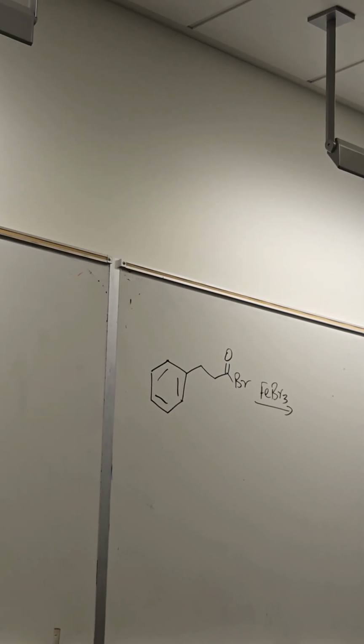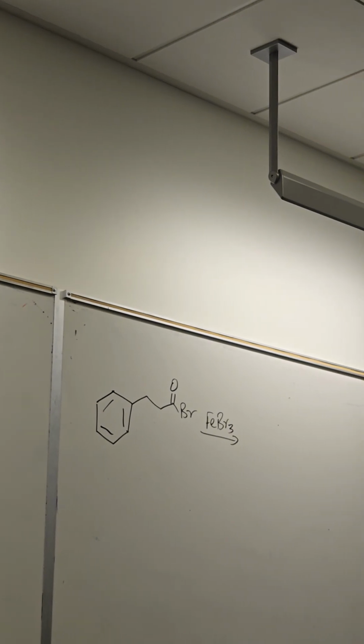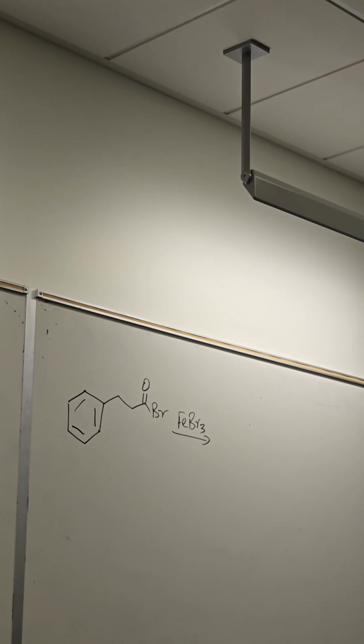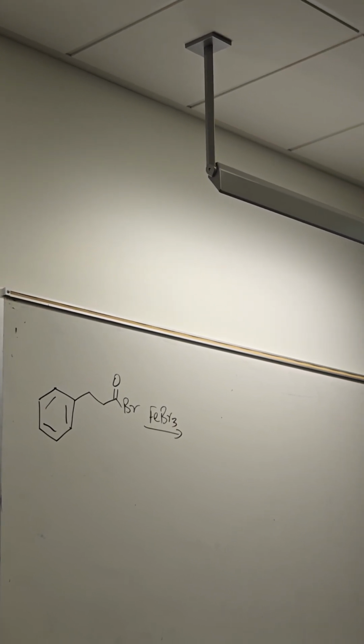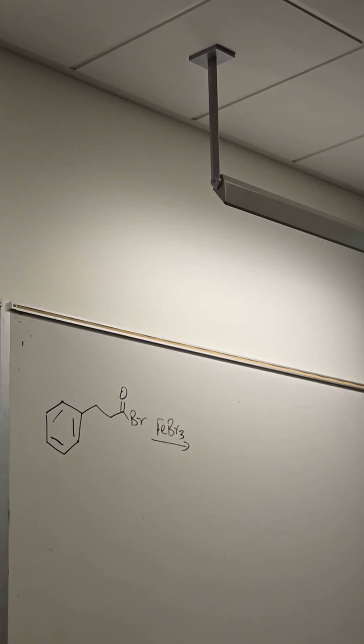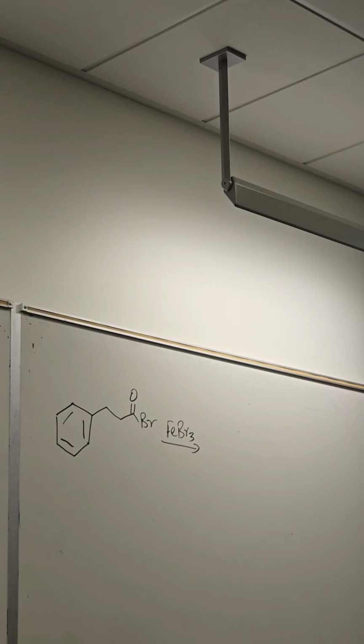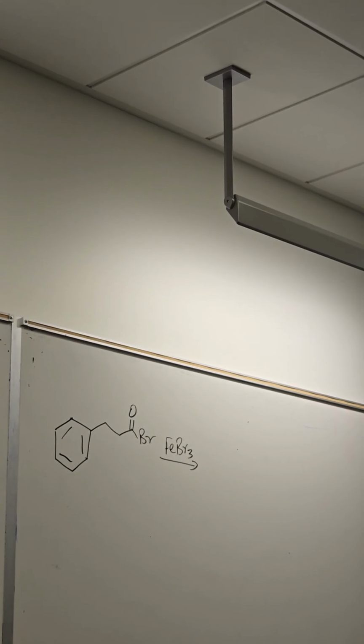Yes. If so, what would be the product? Now, one thing to keep in mind in terms of intramolecular reactions, especially here, is that it will happen if it can make a 5 or a 6 membered ring.